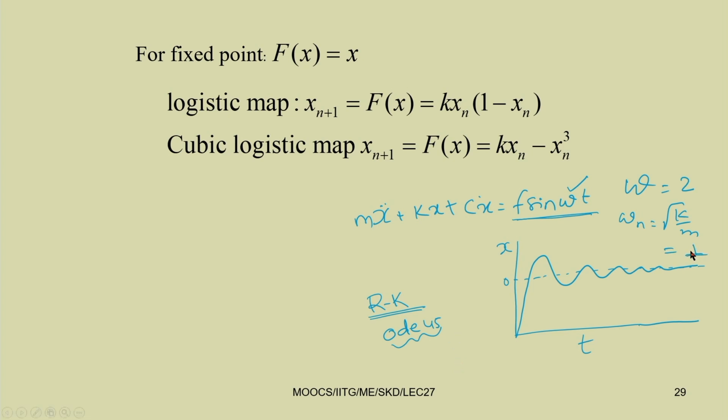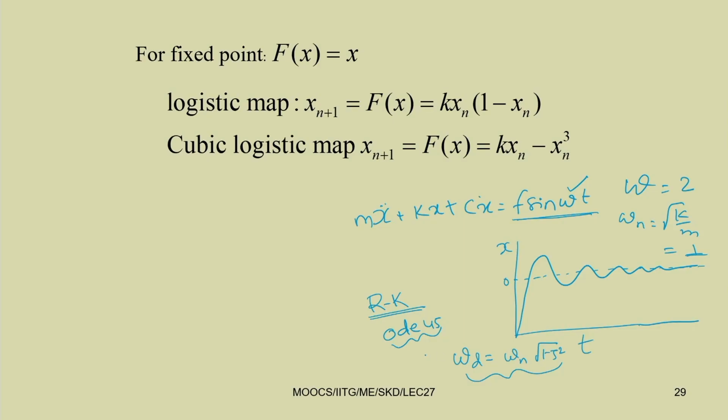One is omega n equal to 1, and you can find omega d: omega d equal to omega n into root over 1 minus zeta square. This is the damped natural frequency. So one frequency will be the damped natural frequency and the other will be the external frequency.